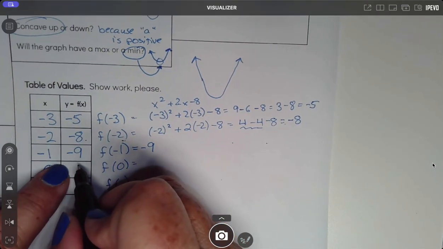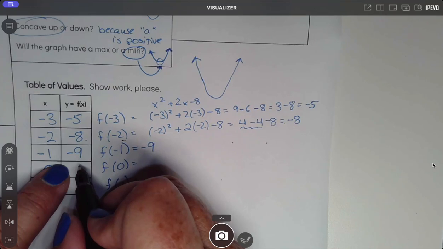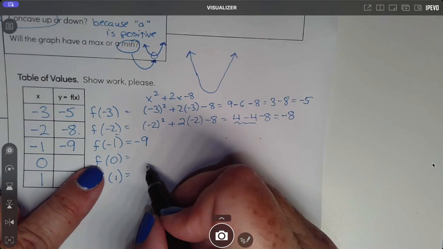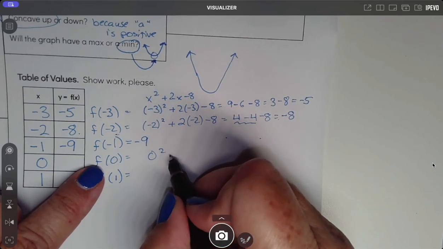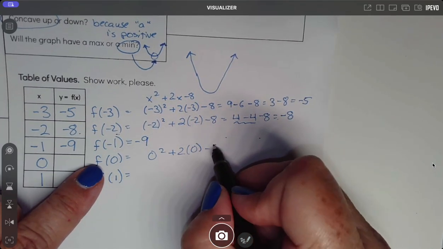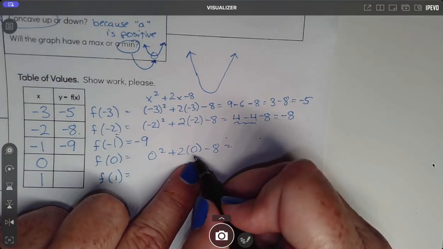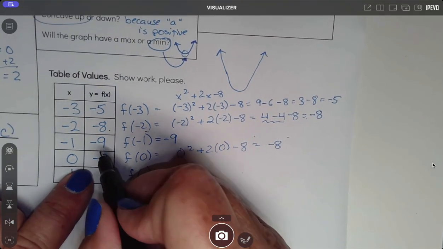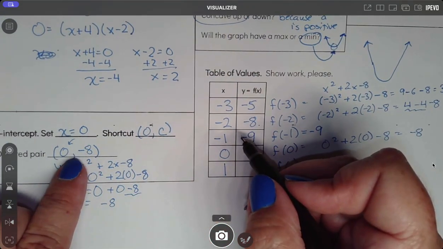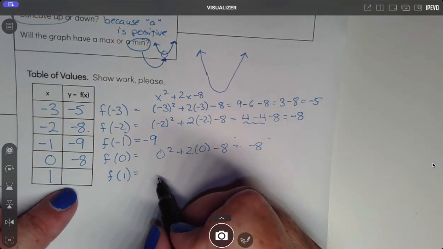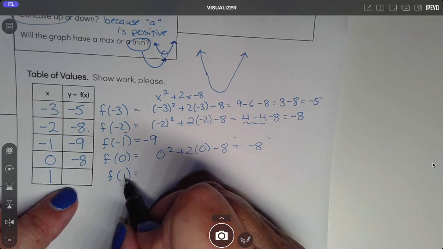I already know my vertex is -1, -9. And let's see, f of 0, right? So I'm going to plug in a 0. I get 0 squared plus 2 times 0 minus 8. That's 0, 0, and -8. And if you recall, we actually found that point already over here. And then f of positive 1, I'm sorry.